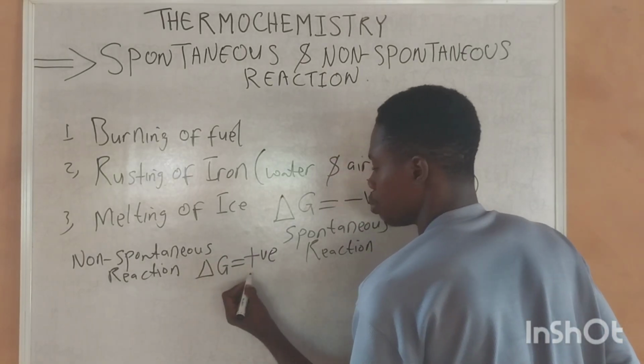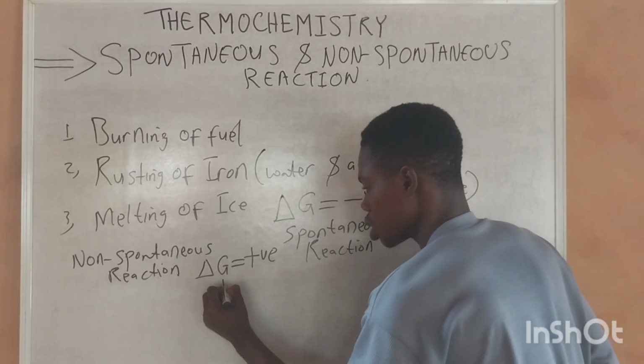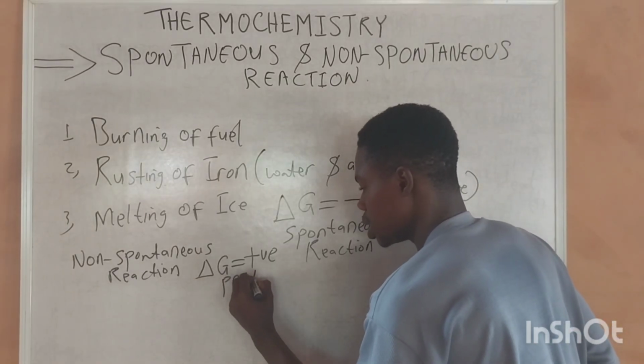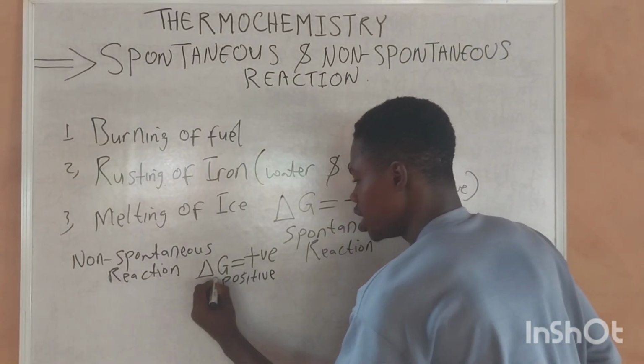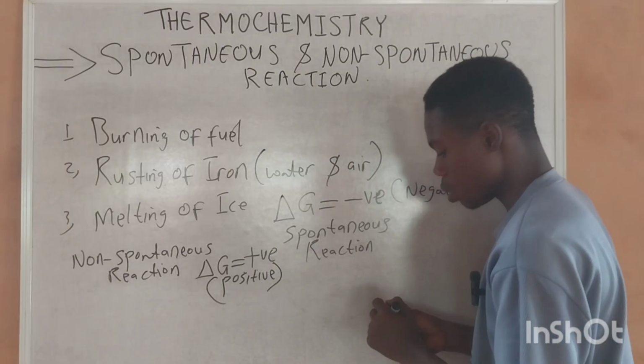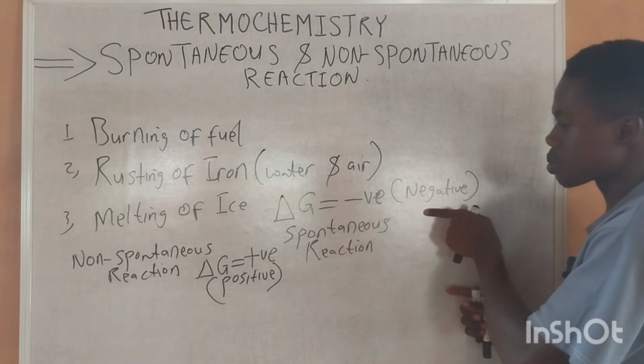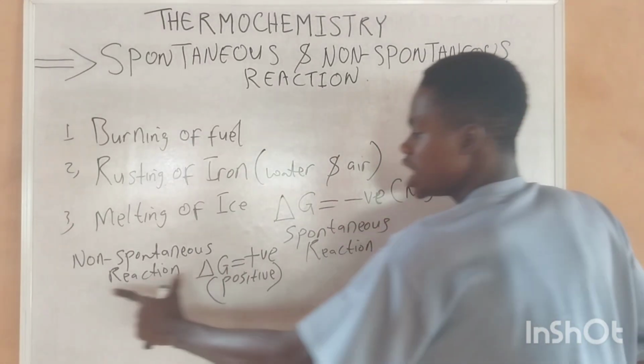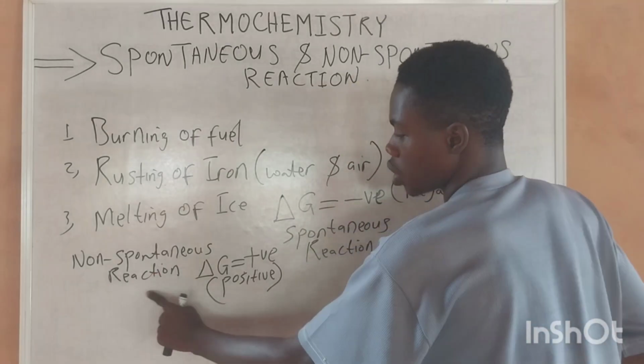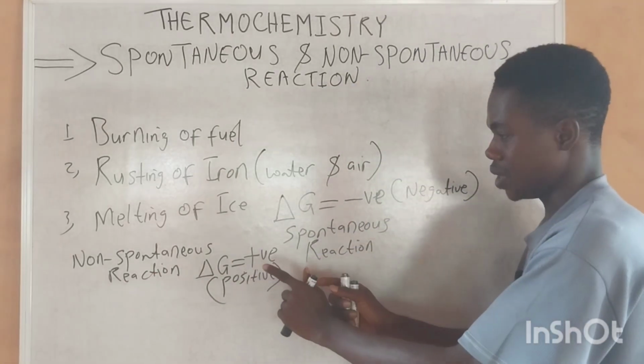So delta G is positive for a non-spontaneous reaction, whereby delta G is negative for a spontaneous reaction. But for a non-spontaneous reaction, delta G is positive. So please take note of this.